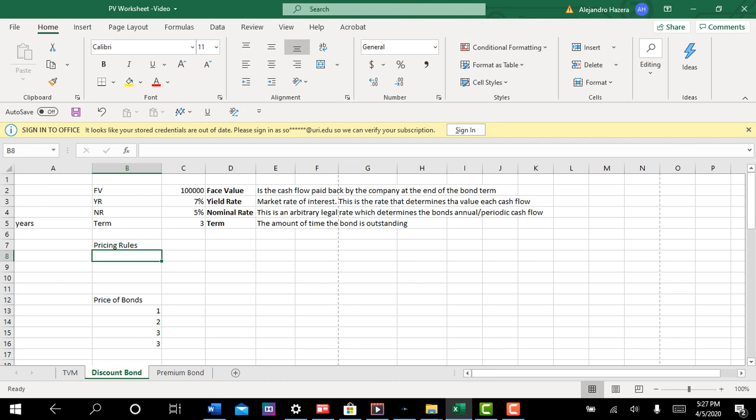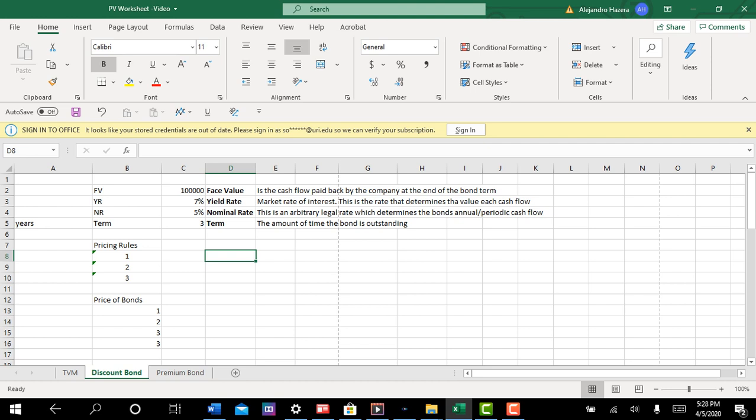And these rules, I'll just go 1, 2, 3. These rules are based on the riskiness of a company.